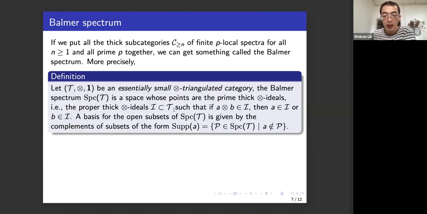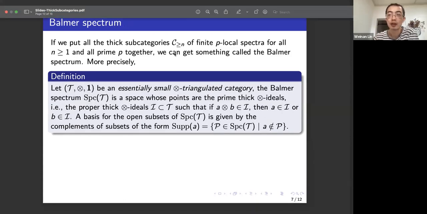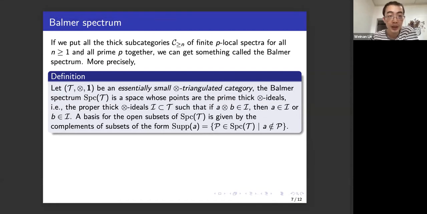So next, I'm going to talk about the Balmer spectrum. If we put all the thick subcategories C greater than or equal to N together, in the definition you can see the prime P here, but it depends on the prime.